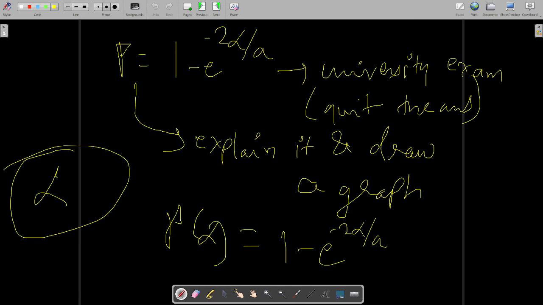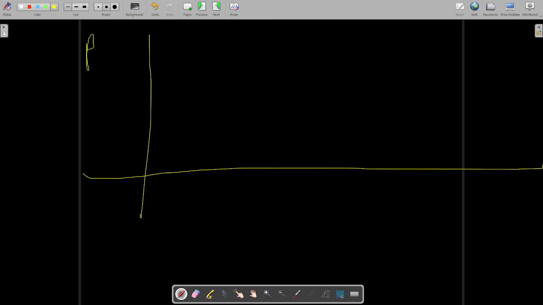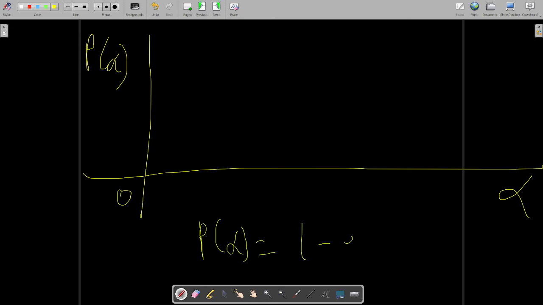Whenever you draw certain graphs, you must have learnt in your JEE time how to draw a graph. So P(alpha) against alpha, this is basically your origin 0. Your relation says that it is 1 minus e to the power minus 2 alpha divided by a.